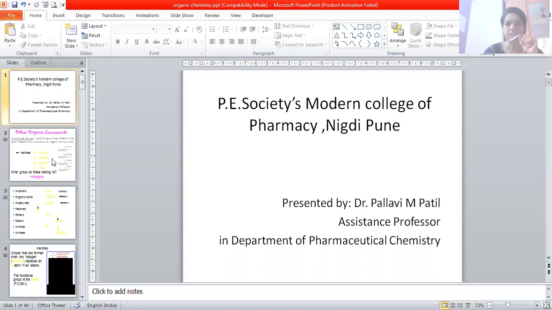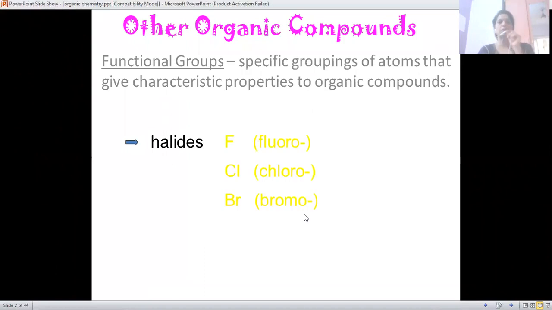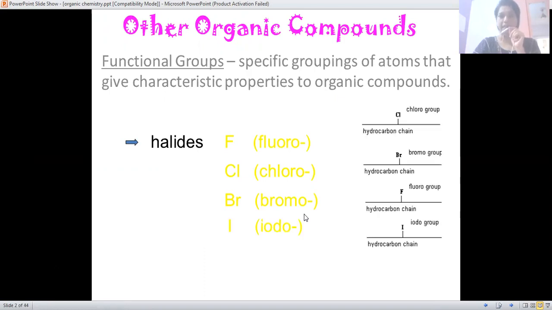So we will start the topic. Now the other functional groups: if you see a specific group of atoms attached and forming an organic compound molecule. For example, halides.